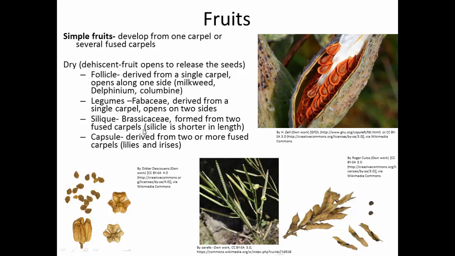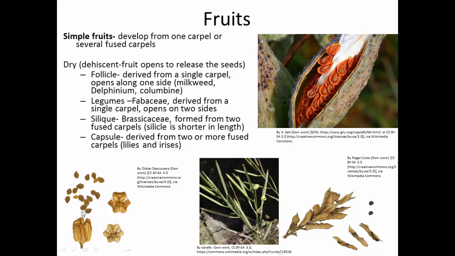Your Pacific States Wildflower book also talks about a silicle, which is similar to a silique, but it's generally a little bit shorter and a little bit wider. And then finally, the last group of dry dehiscent fruits that we'll look at are capsules. Capsules are derived from two or more fused carpels.